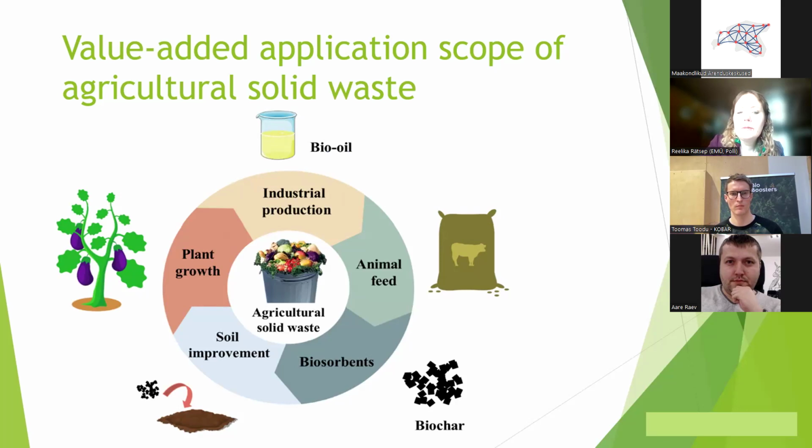So we can use them for making different kinds of fertilizers and soil amendments. For animal feed, we can use them for making some feed additions, for example, rich in antioxidants or other compounds that are needed for animal welfare. And depending on the type of the material, we can choose different valorization methods.